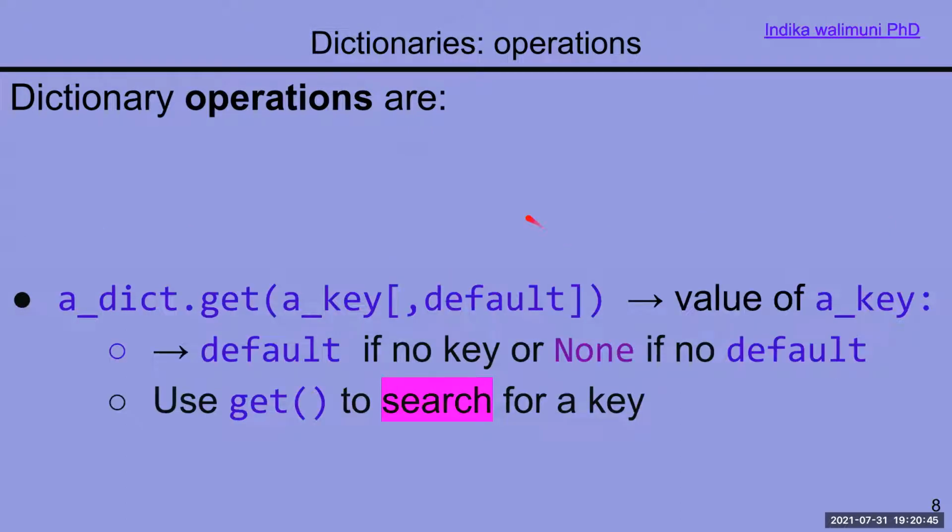We can use the get method of a dictionary to get the corresponding value of a key. We pass a key, and we can pass a parameter called default. If the key is not there, the return value would be default. If we don't pass a default, the return value would be None if we don't have the key inside.